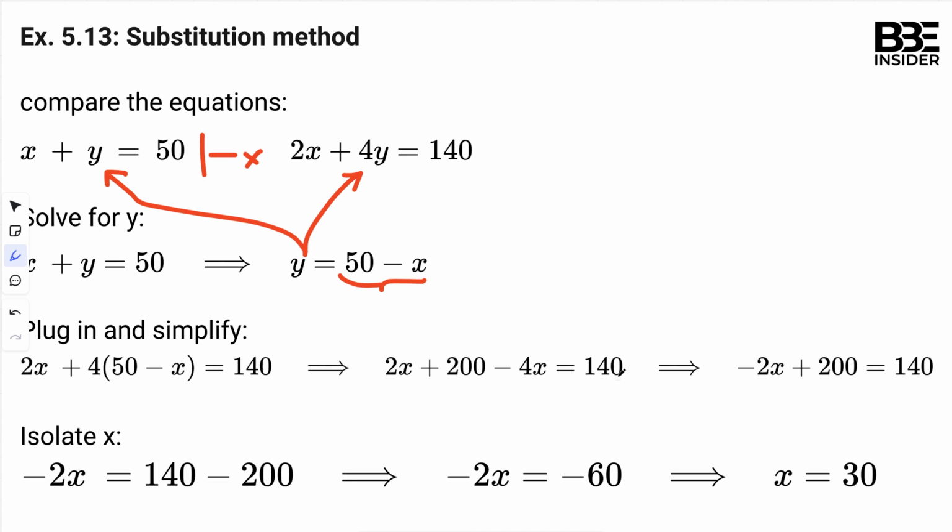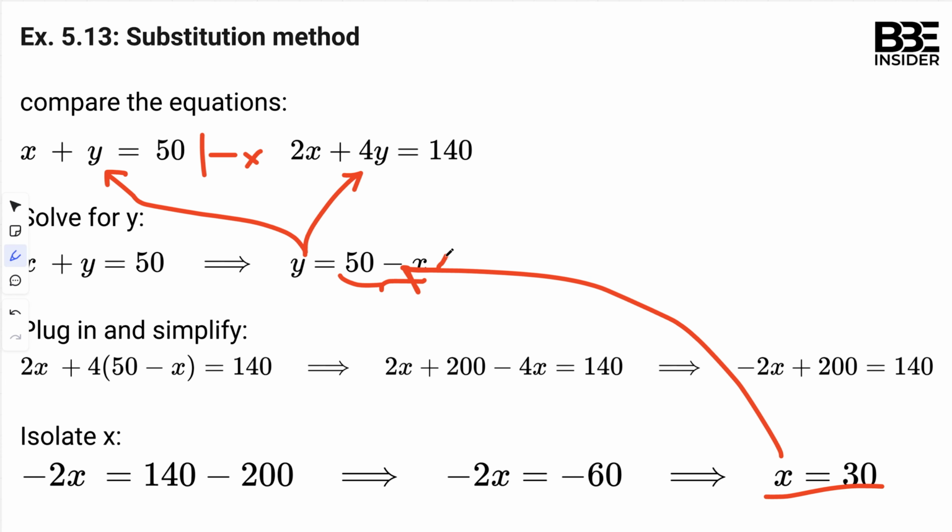And after simplifying everything, just by adding, subtracting, and dividing a little bit, we obtain this expression. Then we simply need to isolate x in order to calculate the value for this unknown variable. Now we take x and plug it back into this expression.